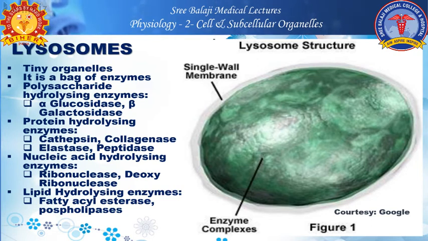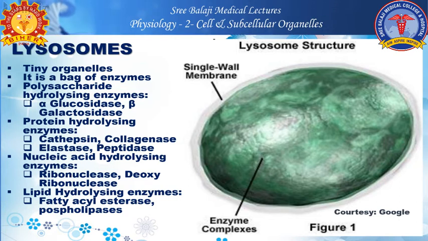So what is in the bag of enzymes and what are their functions in lysosome? Glucosidase and galactosidase will be hydrolyzing polysaccharides or carbohydrates. Cathepsin and collagenase are examples of enzymes which will hydrolyze protein. Elastase and peptidase are again protein hydrolyzing enzymes.